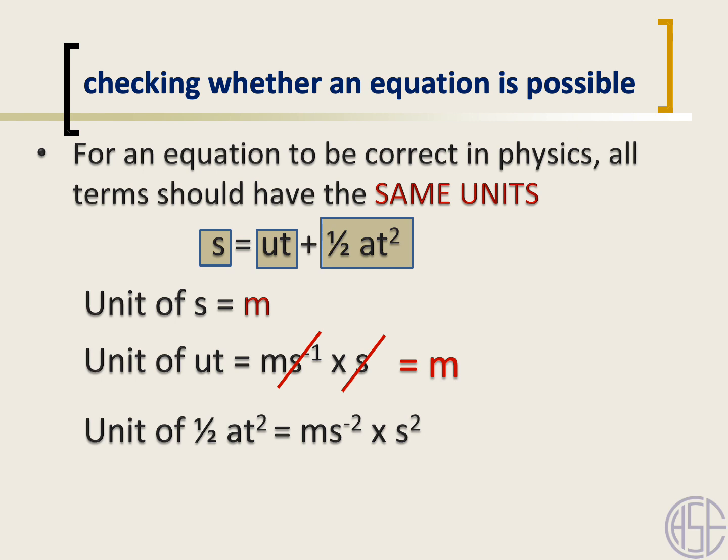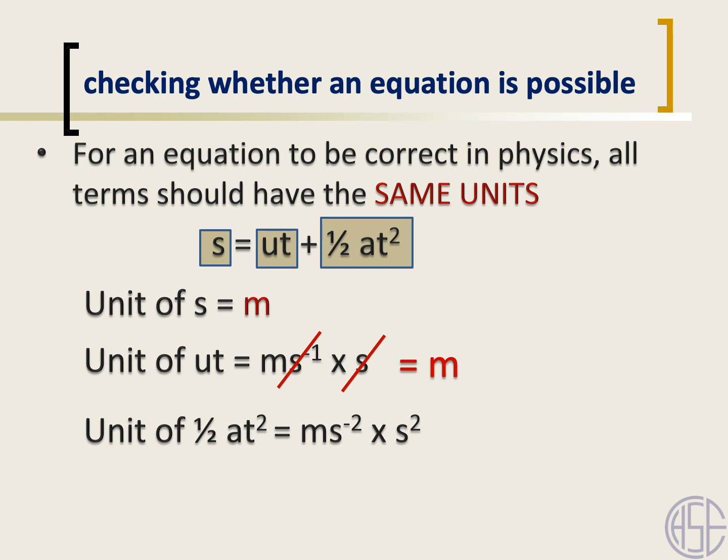Then half a t square. You can see here I didn't check for half and I don't care about half, because half is just a number. The numerical constants won't have any units, like 1, 2, 3, 4. They don't have any units. So instead of half, even if you put 2 or 4, there won't be any change in the unit.